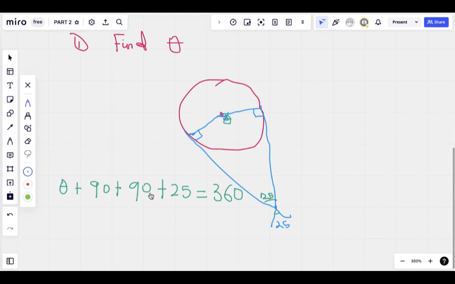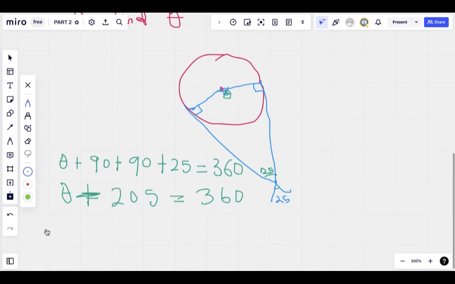So we add 90 plus 90, we get 180 plus 25, we get 205, right? So we say theta plus 205 will be equal to 360. So angle theta will be 360 minus 205.